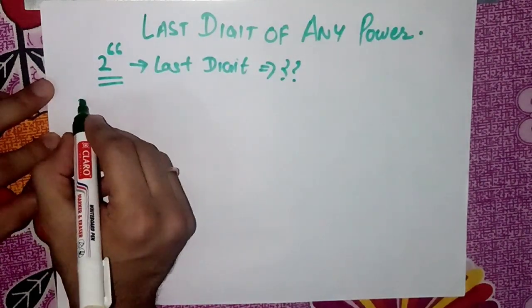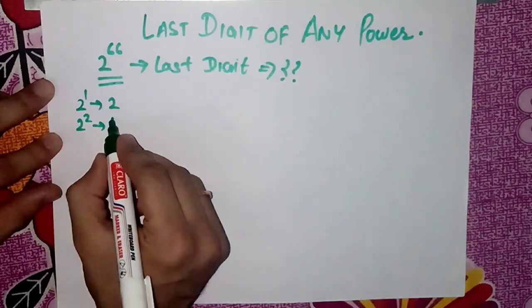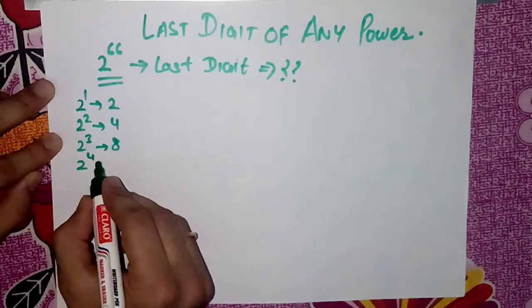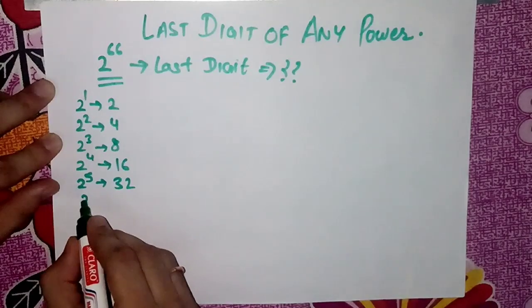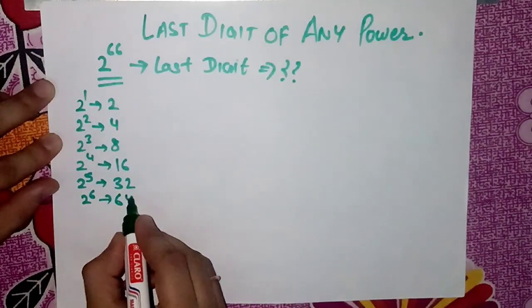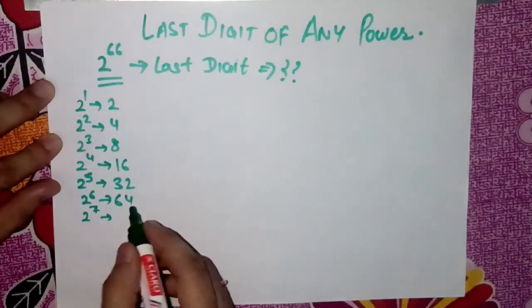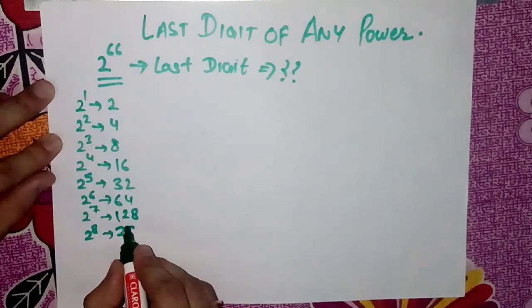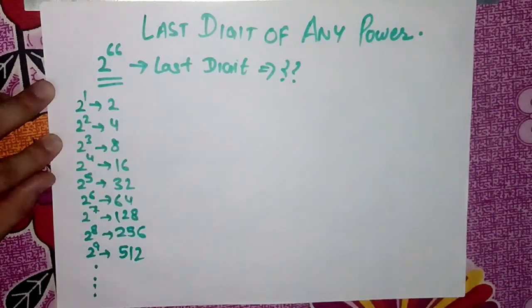For example, 2 to the power 1 gives 2, 2 to the power 2 gives 4, 2 to the power 3 gives 8, 2 to the power 4 gives 16, 2 to the power 5 gives 32, 2 to the power 6 gives 64, 2 to the power 7 gives 128, 2 to the power 8 gives 256, 2 to the power 9 gives 512, and so on.